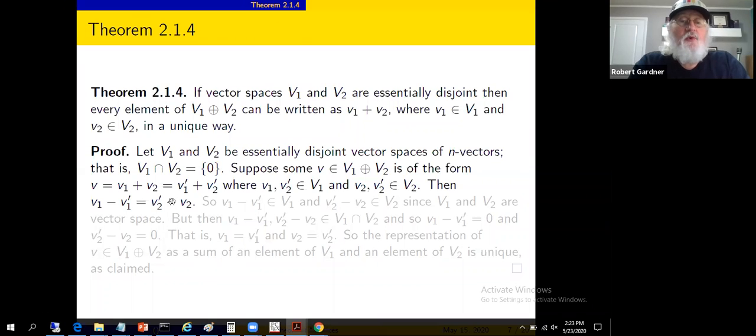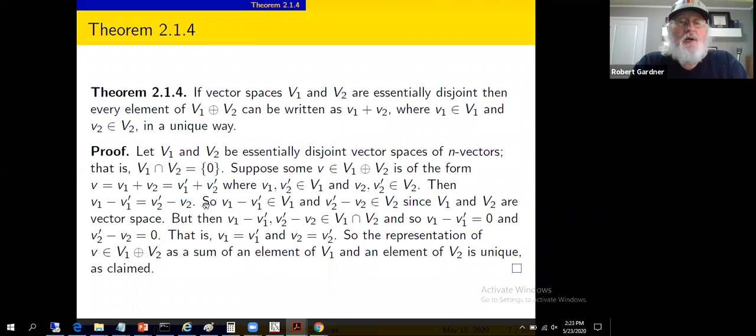Well, let's take this little formula here, get the v1 and v1 prime on one side, v2, v2 prime on the other side. So just move some things around. All right. On the left-hand side, we've got v1 minus v1 prime. v1 and v1 prime are both in vector space V sub 1.